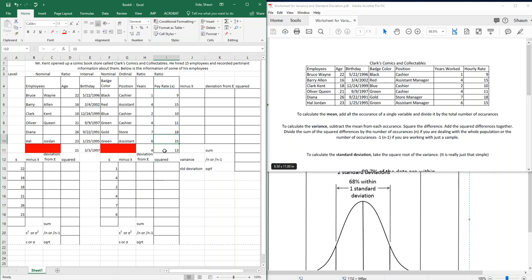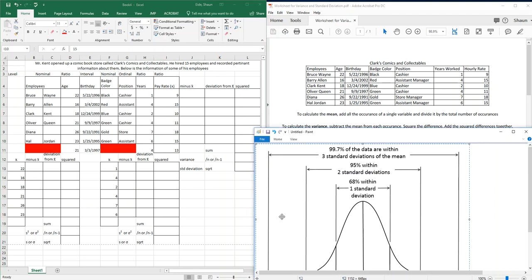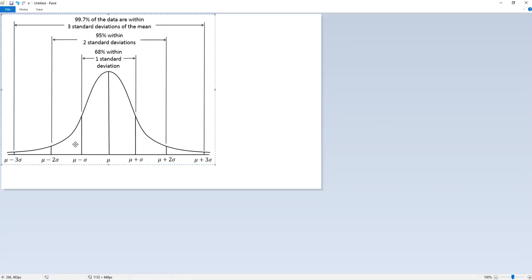Okay, so in order to find a standard deviation, we need to first find the deviation from the mean. But what we really need to do first is determine what a standard deviation is. A standard deviation is essentially the average distance of the data points from the mean.